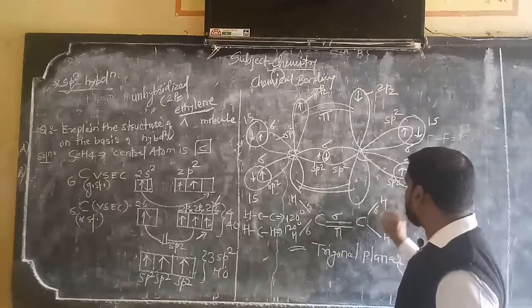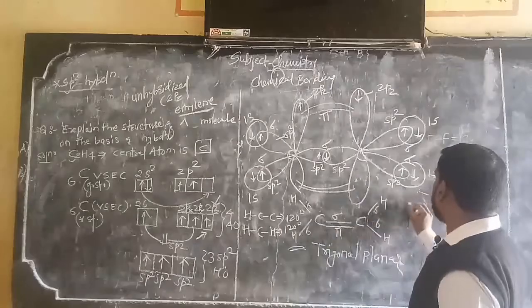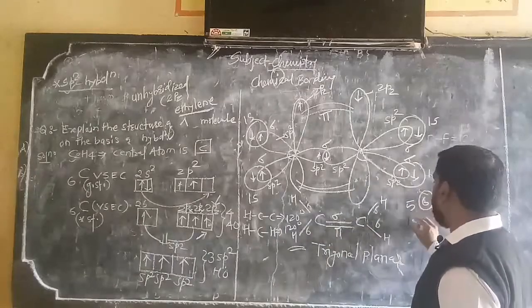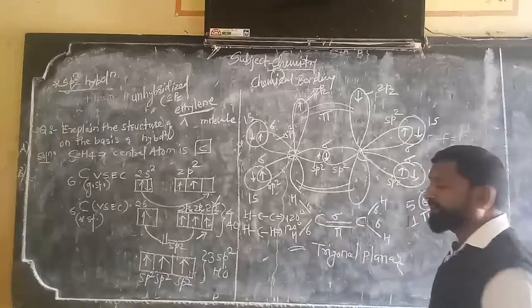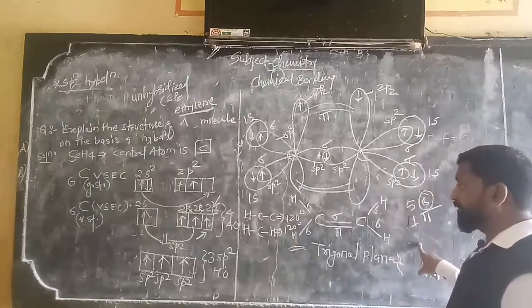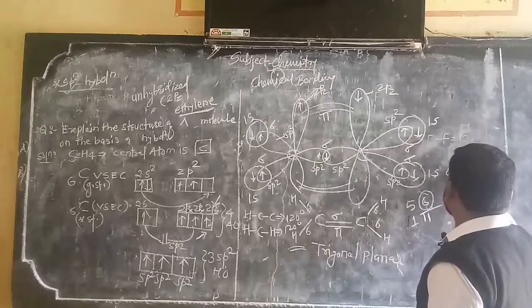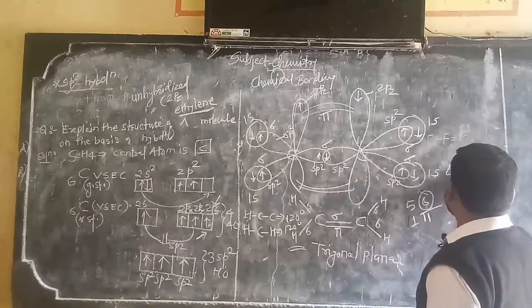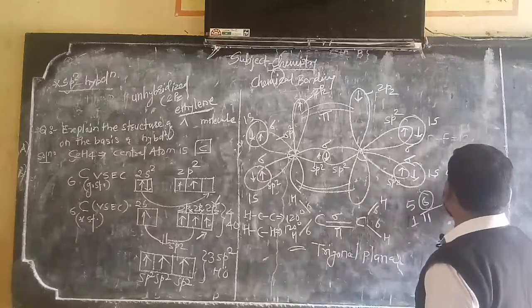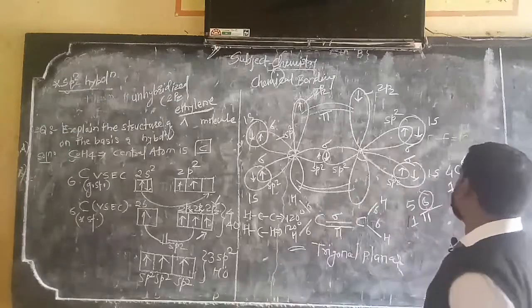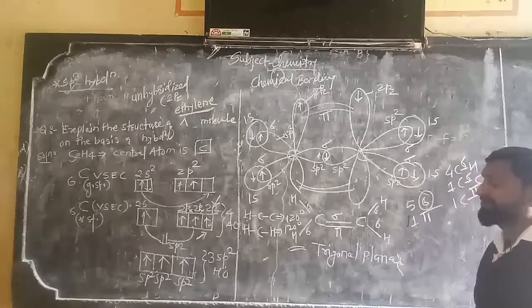Sigma, sigma, sigma, sigma. So in ethylene 5 sigma bonds and 1 pi bond are there: 4 CH sigma, 1 CC sigma, and 1 C-C pi. Such a type of bonding is available in that.